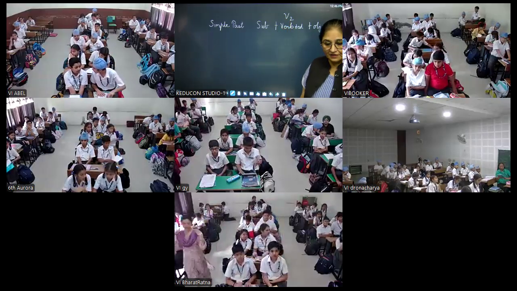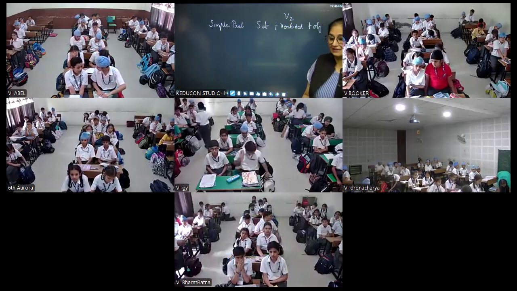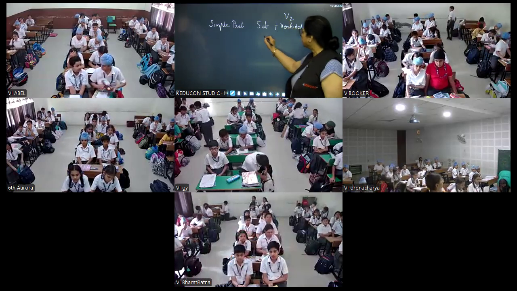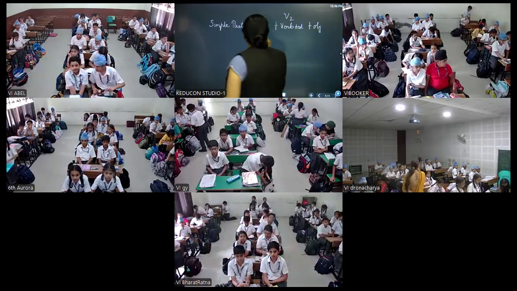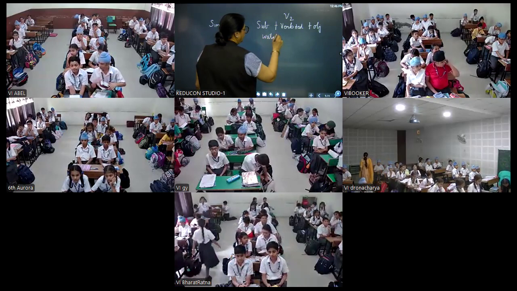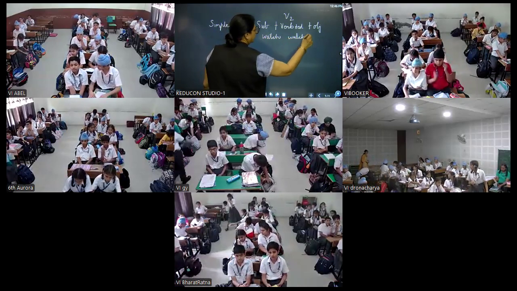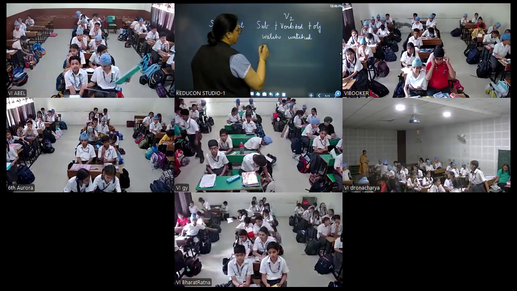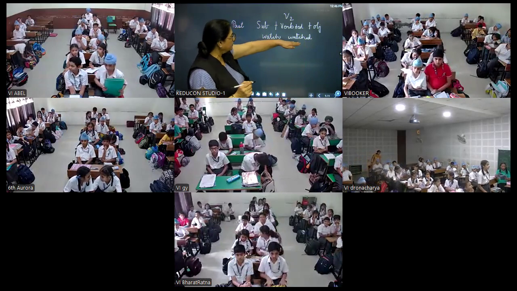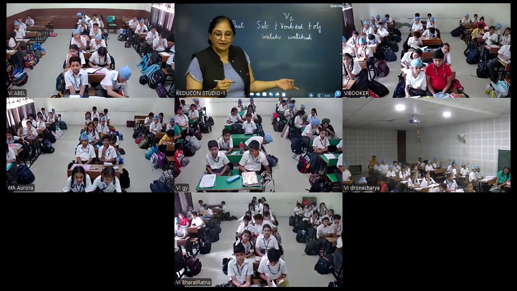You have the base verb, then past tense, then past participle. So past tense is V2, that means it will be -ed. Like watch will become watched, laugh will become laughed. These kinds of verbs will take the -ed form.